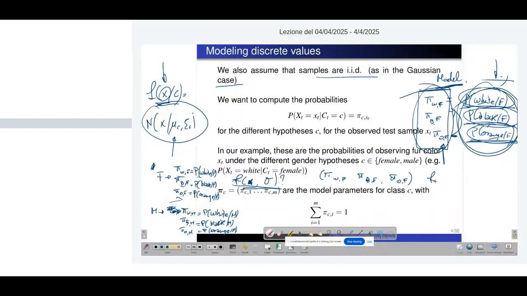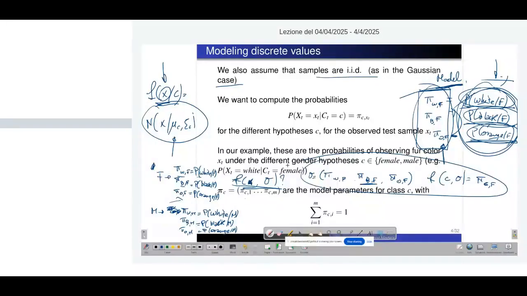So this function, if this is theta, my function of color C and parameter theta will just select pi based on the color for that gender. Essentially, this can be seen as a very simple instance of a general way of expressing the model. Given a model that has some parameters, the model, given the color, will, using the parameters, select the probability of that color given female.